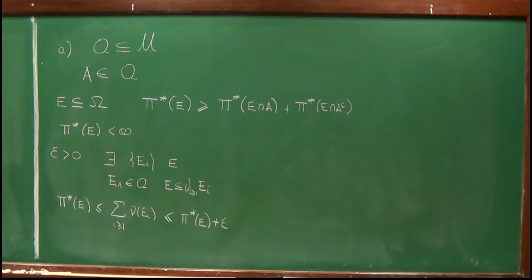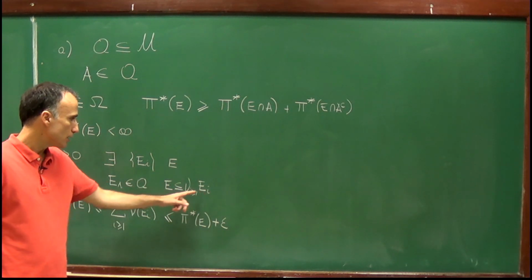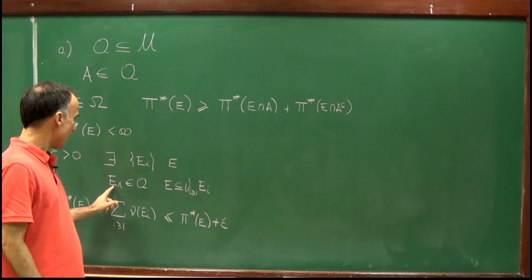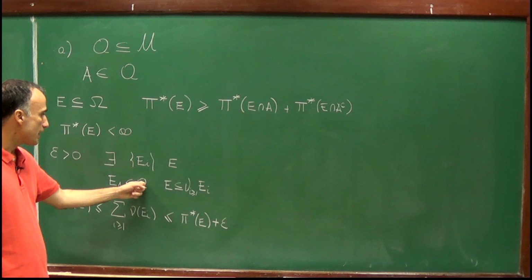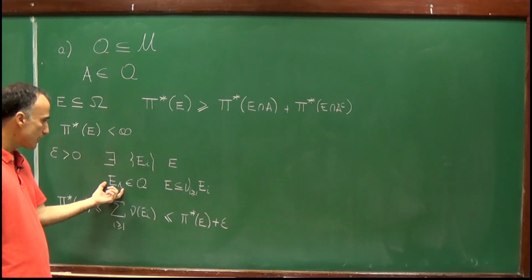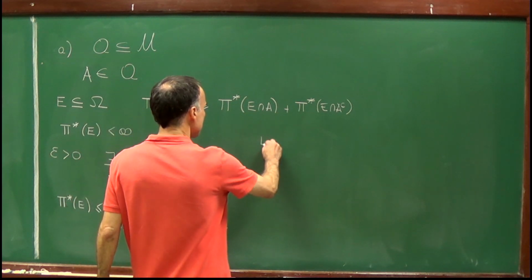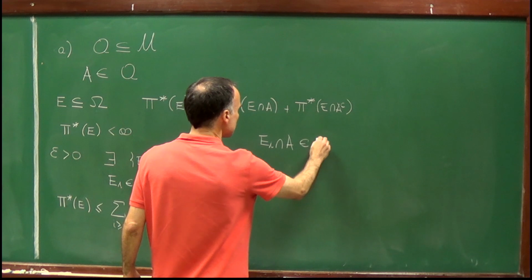Well, that's nice, because here I have a covering of the set E. So if I take E_i and I take the intersection of E_i with A, since A is an algebra, E_i intersection A also belongs to the algebra. So here's an observation: E_i intersection A belongs to the algebra.